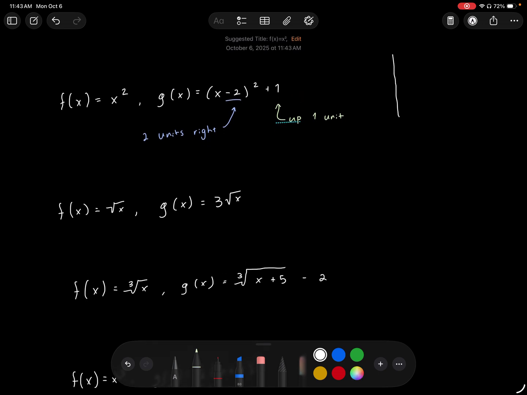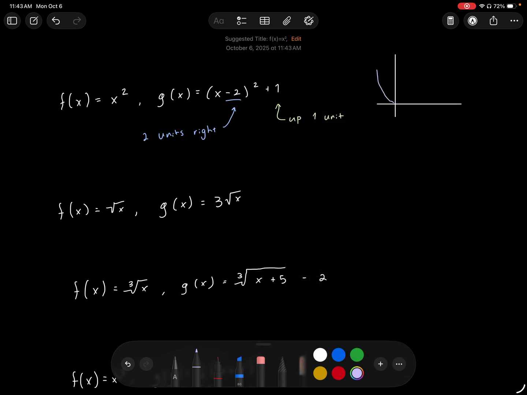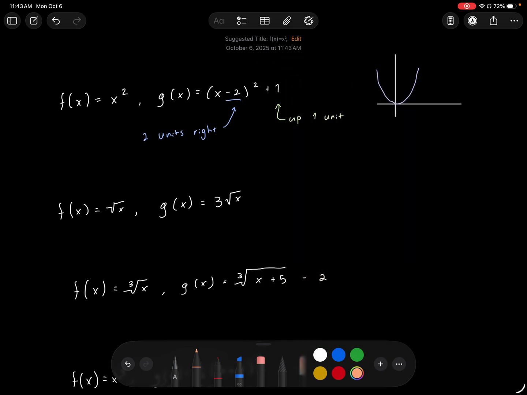So on a graph, it would be something like the original one, and then our shifted one, right? So their shape is staying the same. We're just going to the right 2 and then up 1.